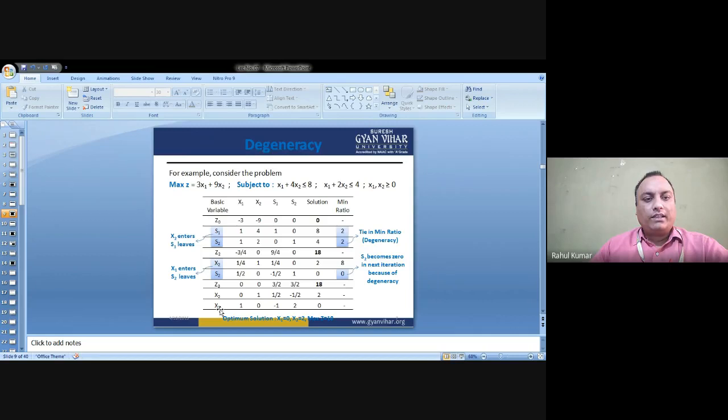For the next one, x1 is here 1 0 minus 1 2 comma 0, and the optimal solution for this case is here x1 equal to 0, x2 equal to 2, and the maximum value for this function is z equal to 18, right?